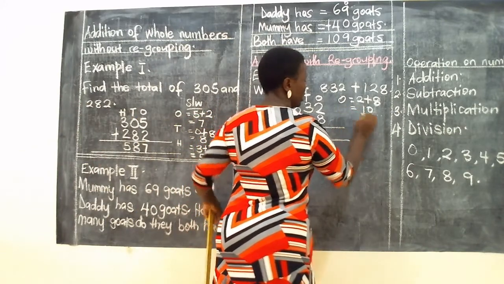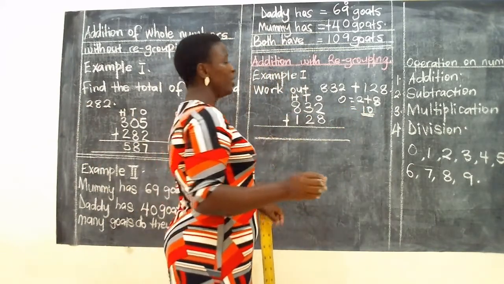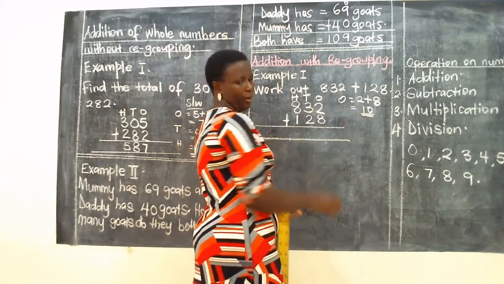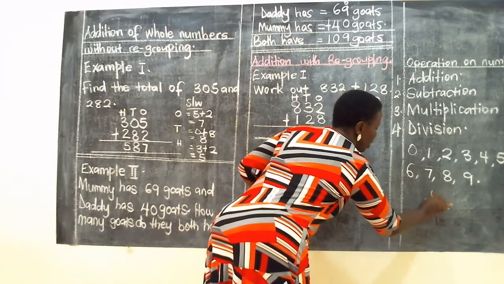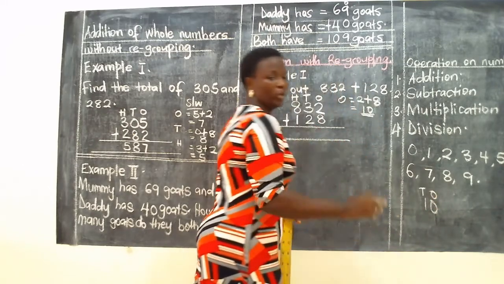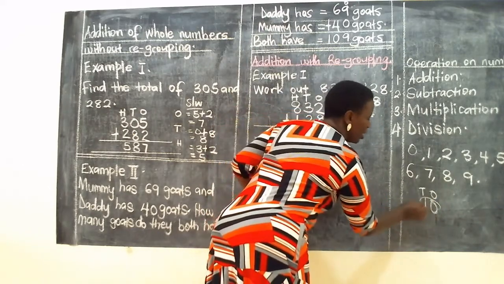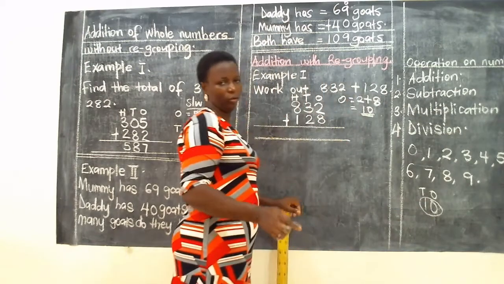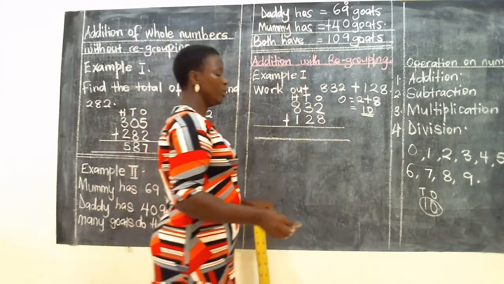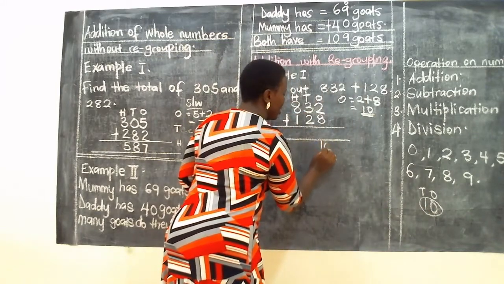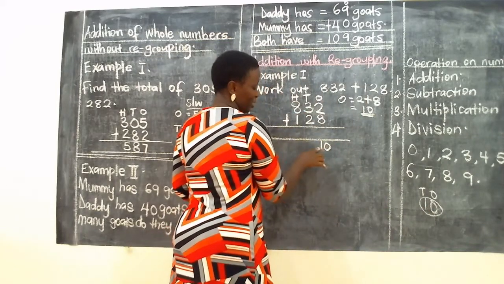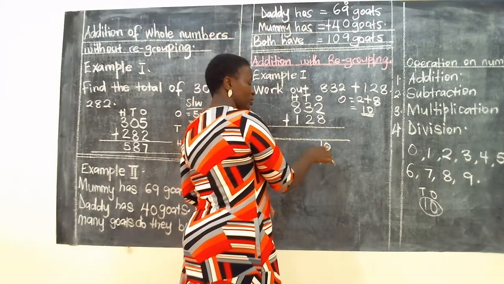Now look at this 10. 10 is a 2-digit number. If we write 10, it has ones and tens. So you cannot write the whole number in one place value. So what do we do? We regroup. So if we write 10 down here, we have ones and tens. So the digit which is in the ones is 0.